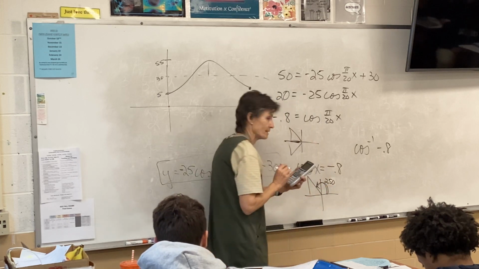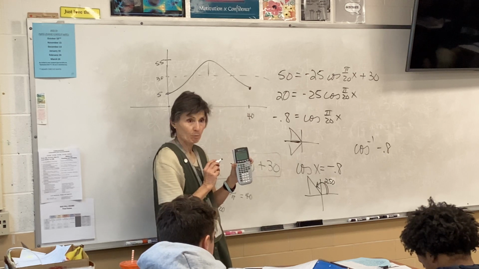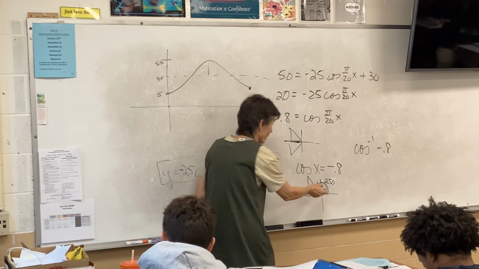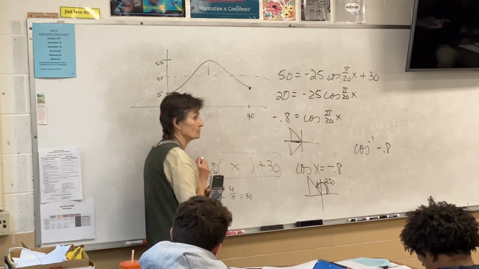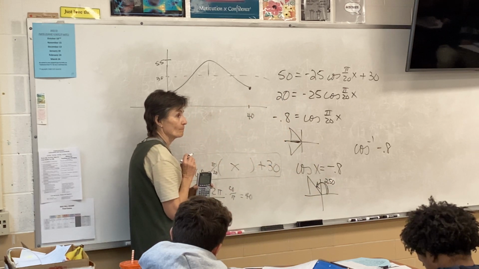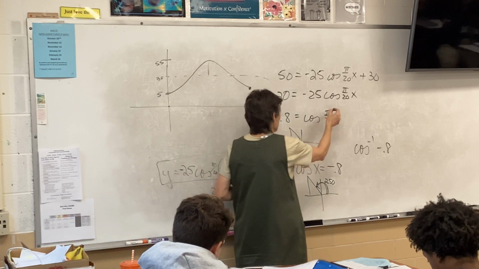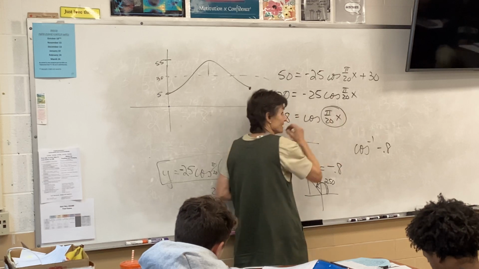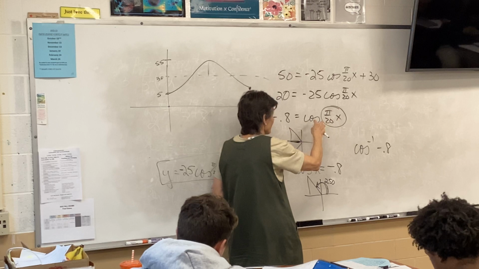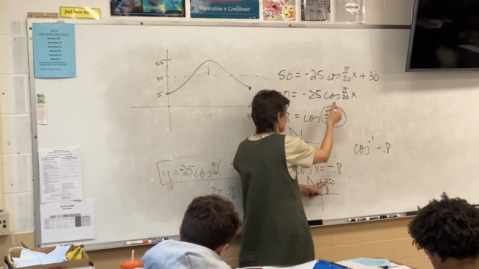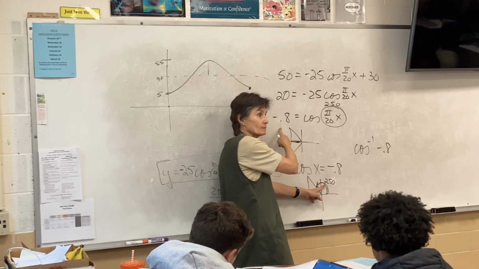Did everybody else get that? Second cosine, negative 0.8. It sets me right over here. In this quadrant, it's 2.50. Now that means that whatever this is, I don't know what that is, but the cosine of 2.50 is how I get negative 0.8.